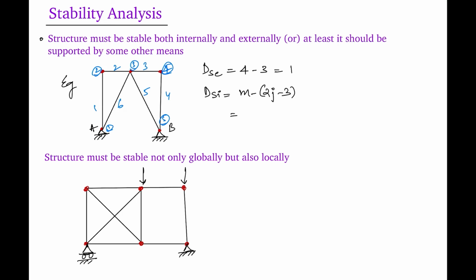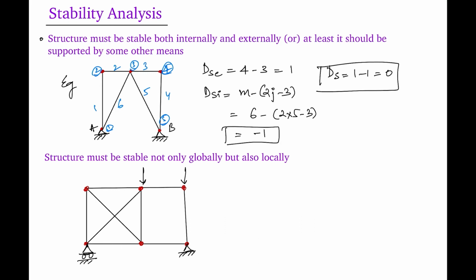So 6 members minus 2 times 5 joints minus 3. This is coming out to be minus 1. But the total static determinacy is 1 minus 1, that is 0. So the structure is stable globally, but it is unstable internally.